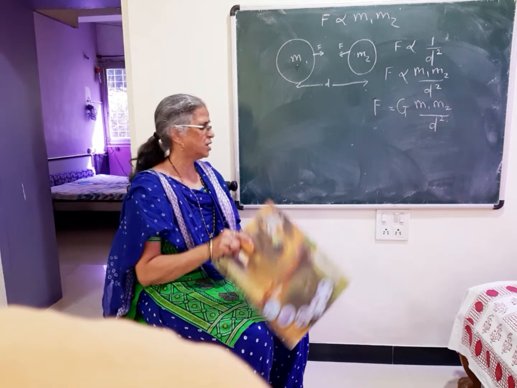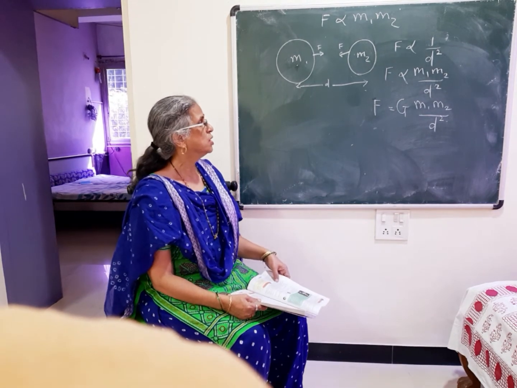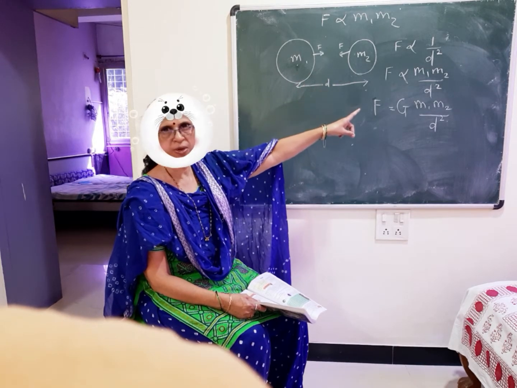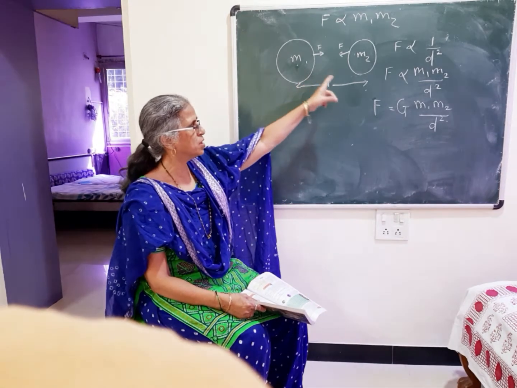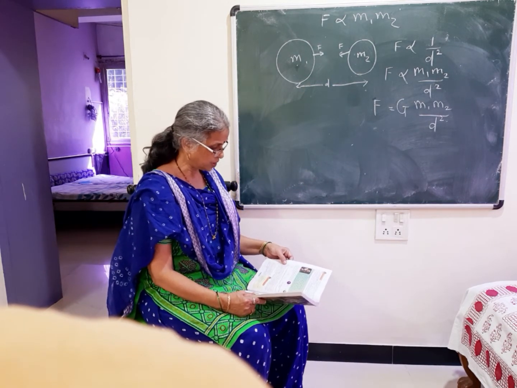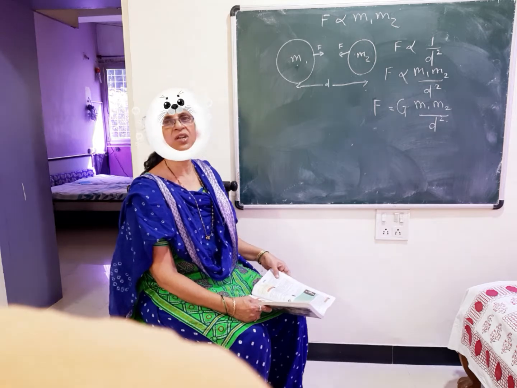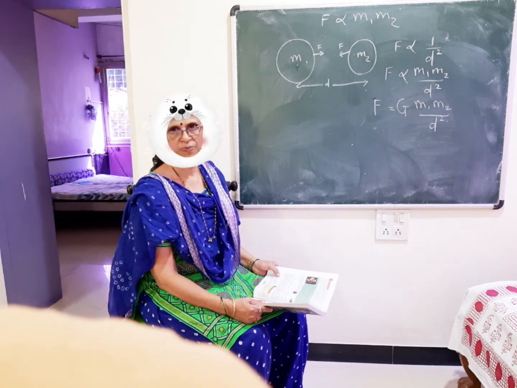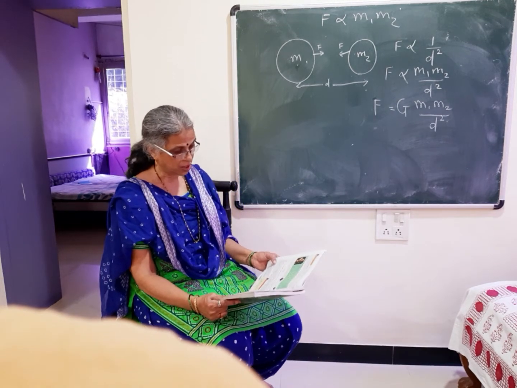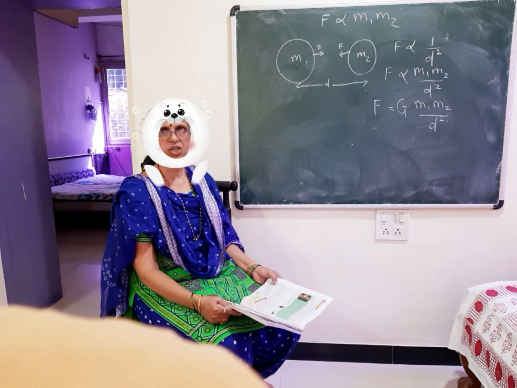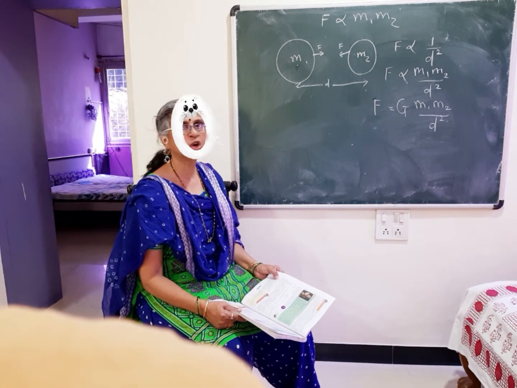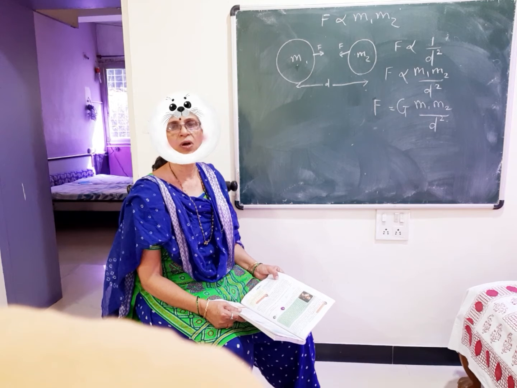Now after that we are going to see how the distance is taken, from where the distance is to be measured. If we have spherical bodies, the distance will be the distance between the centers of the spherical objects. If the two bodies are spherical, then the direction of force will be along the line joining the centers of the objects.